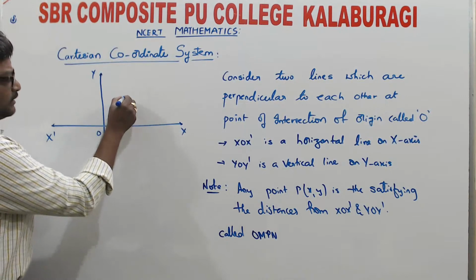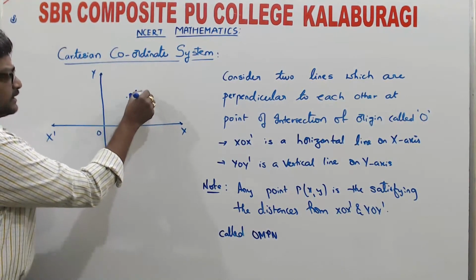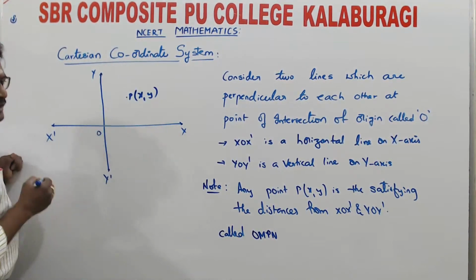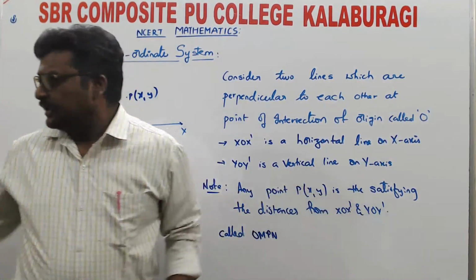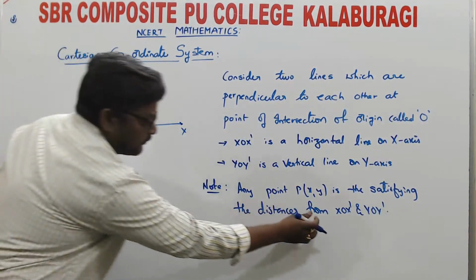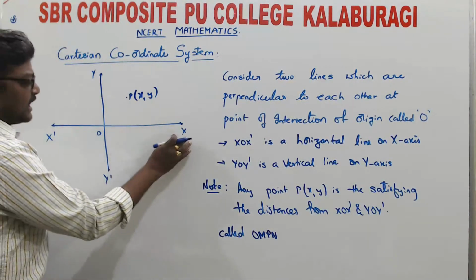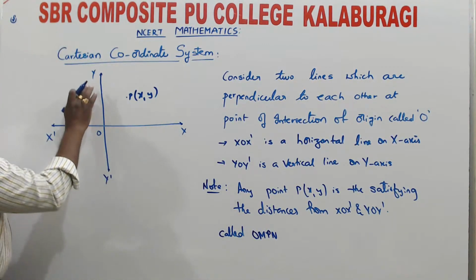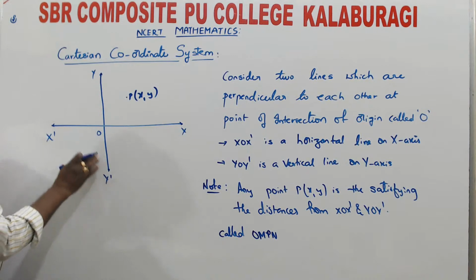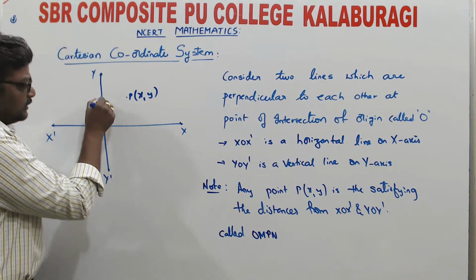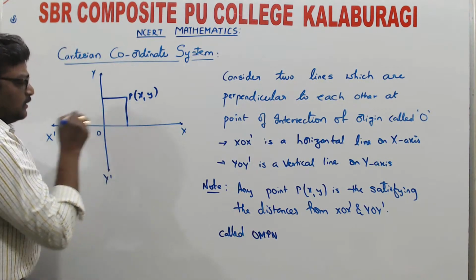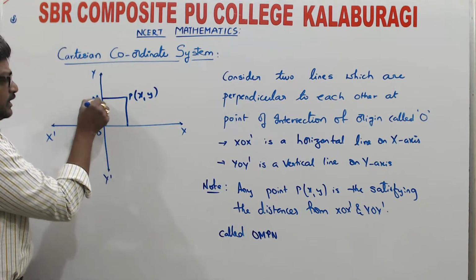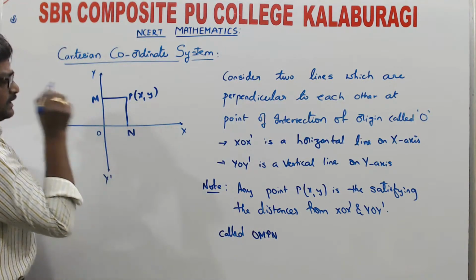if you are taking here P(x, y), this should be satisfying the distances from X'OX or XOX', or Y'OY or YOY'. We have named it as OMPN.